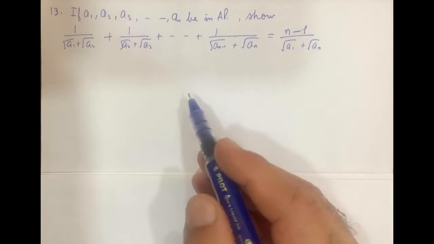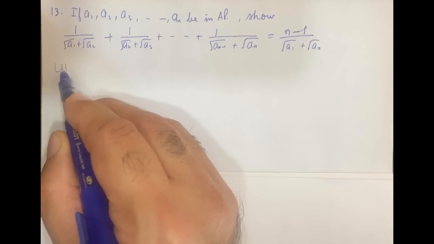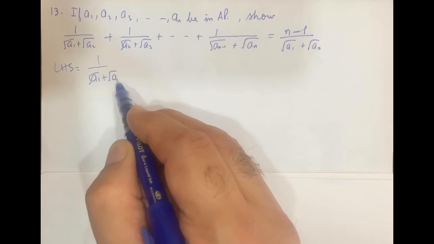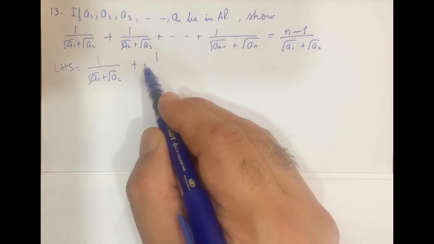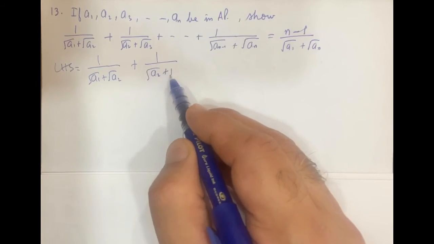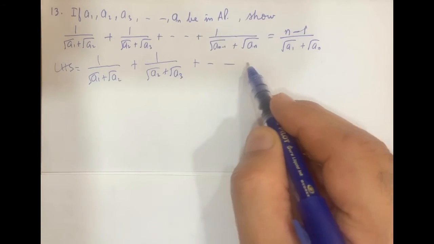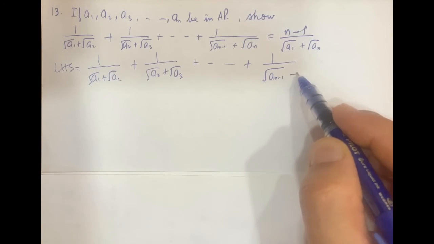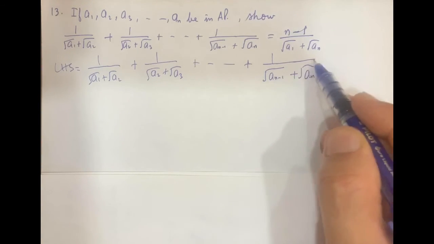To prove this result, we start from the left hand side, which is 1 upon root of a1 plus root of a2 plus 1 upon root of a2 plus root of a3 and so on, 1 upon root of an minus 1 plus root of an.